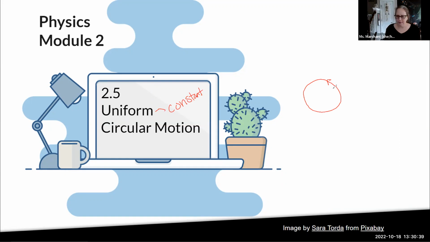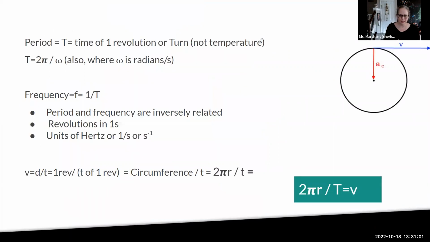That could be a yo-yo with a string or a bucket of water that you are spinning around. Uniform circular motion. Okay, constant speed. So you are rotating that around at a constant speed. We'll talk a little bit more about that on the next slide.